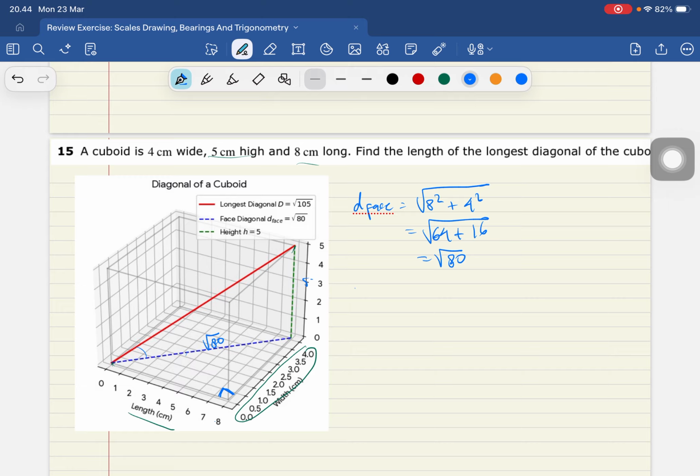Okay, we can use tan of theta equal to the height divided by the diagonal of the face. So the height is 5, the face diagonal is square root of 80. So we can use the definition of the longest line, which is D. The diagonal here, the longest.